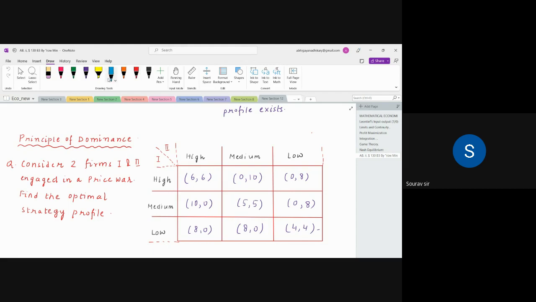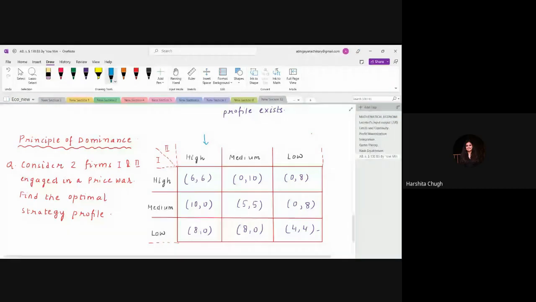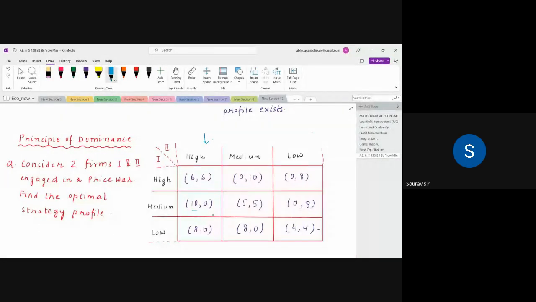So let us go step by step. If you fix player two's strategy to implement high price, can someone tell me what should player one or firm one do? What should be his optimal decision? The medium. If player two chooses to play medium, then what will happen?